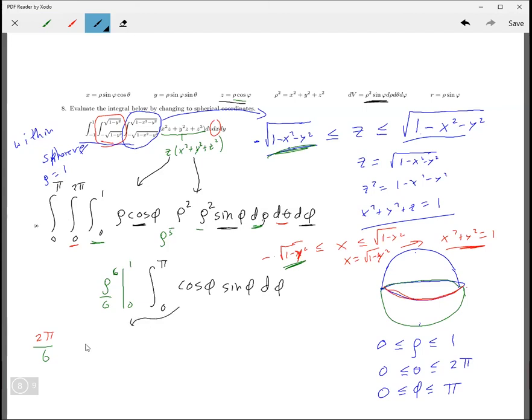Okay, and then this integral, you can integrate this to sine squared phi over 2, from 0 to pi. If you put pi in, you get 0. If you put 0 in, you get 0. So everything is 0.